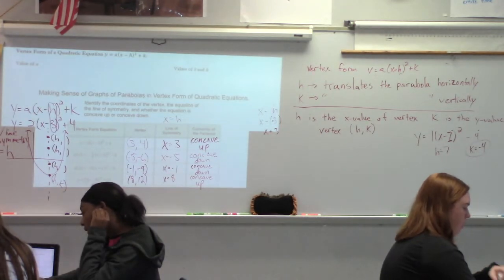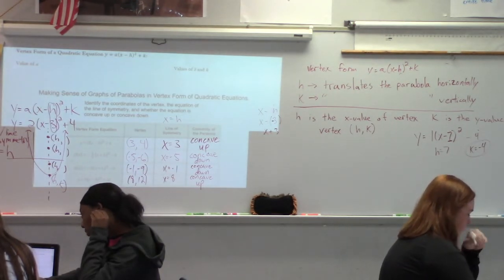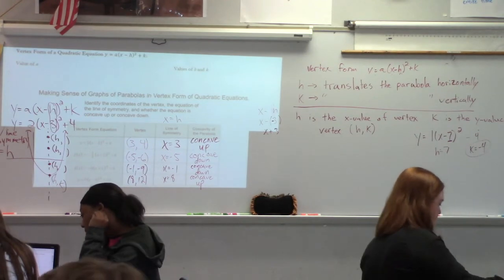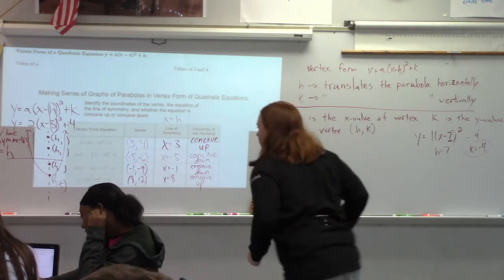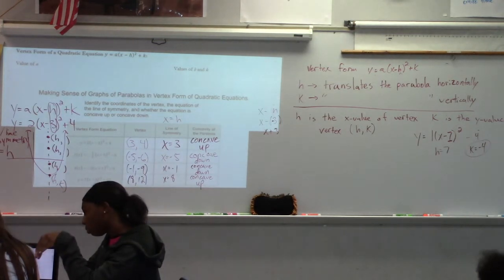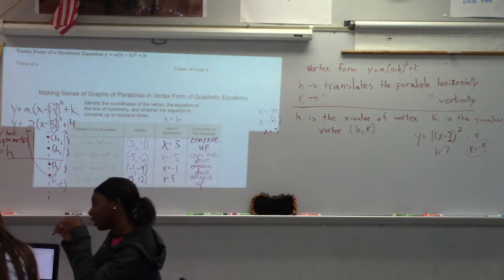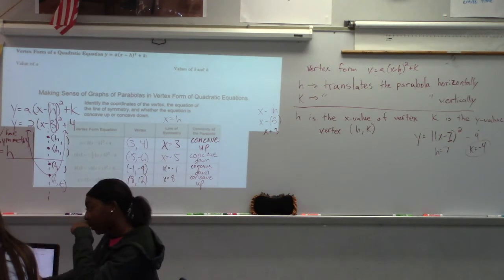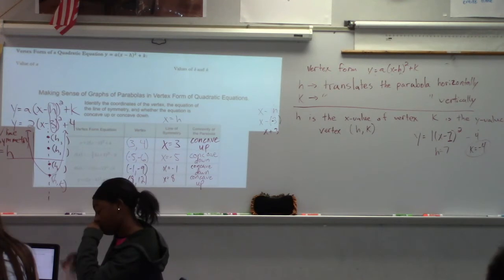You're not talking about the whole y-axis, you're talking about that one point on the y-axis, the y-intercept. What's your C value? 4, right? Where do you see that number 4 on this graph?